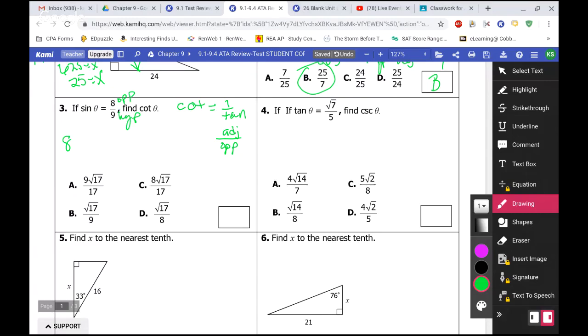So you're going to have 8 squared plus b squared equals 9 squared. That's 64 plus b squared equals 81, and then 81 minus 64 is 17. So b is the square root of 17, which can't be reduced any more.